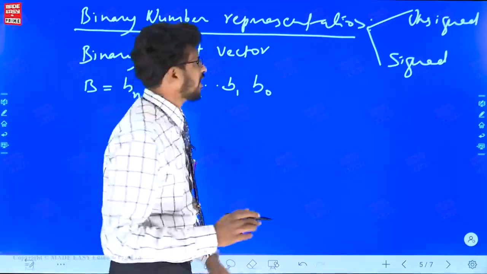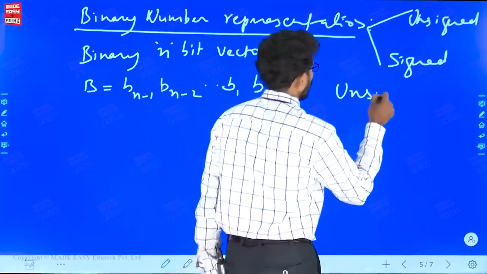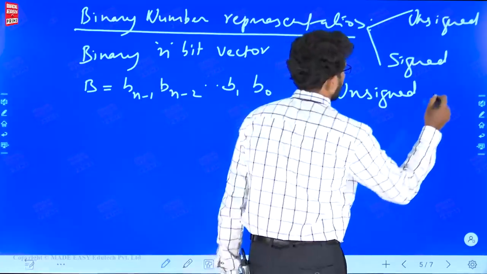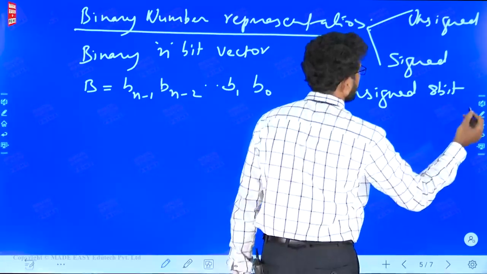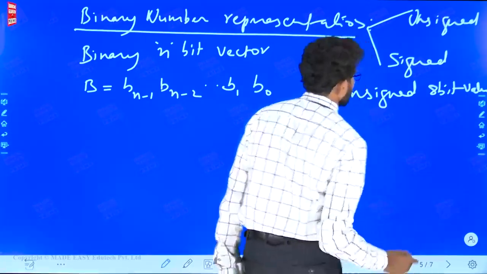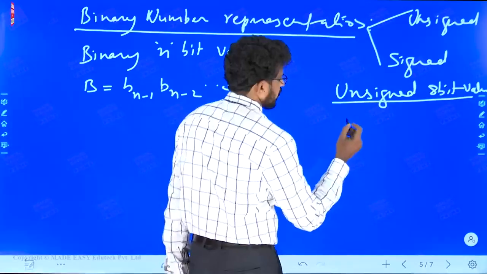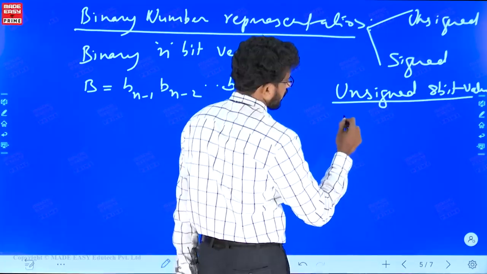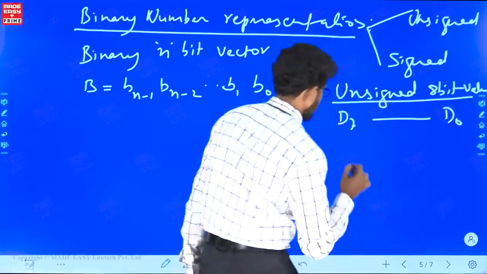So this unsigned data is something like, for example, let us take some 8-bit data, 8-bit value. So what is this unsigned? If you take 8-bit data, say here the digits are from D0 to D7.